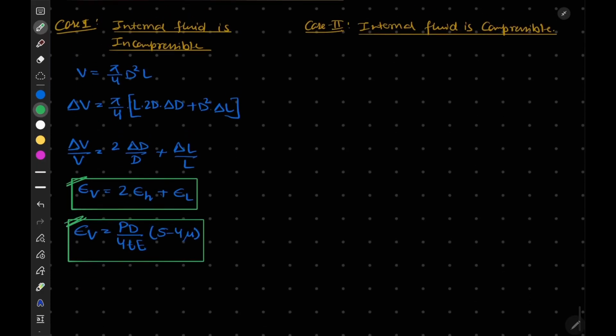Now if there is presence of your compressible fluid, in that case there are 2 things that happen. First is your elastic expansion of cylinder, or it may be compression in case your outside fluid pressure is higher than that of your inside cylinder pressure.